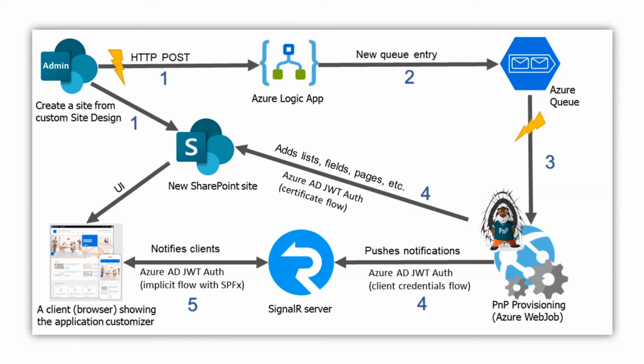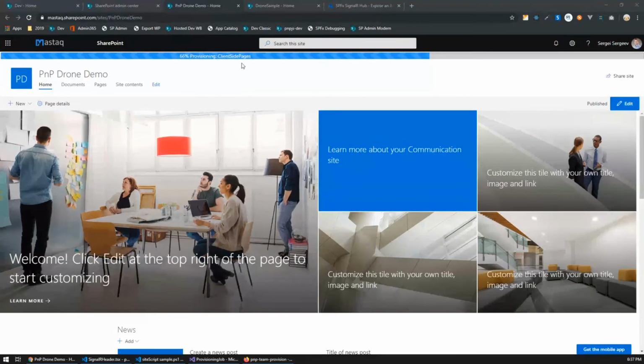And finally, the Azure web job adds new SharePoint artifacts like lists, fields, etc. At the same time, the PnP Provisioning job pushes notifications to our SignalR server, and the SignalR server, in turn, notifies our UI, the client browser, about current progress. For example, we see that currently we are adding client-side pages.